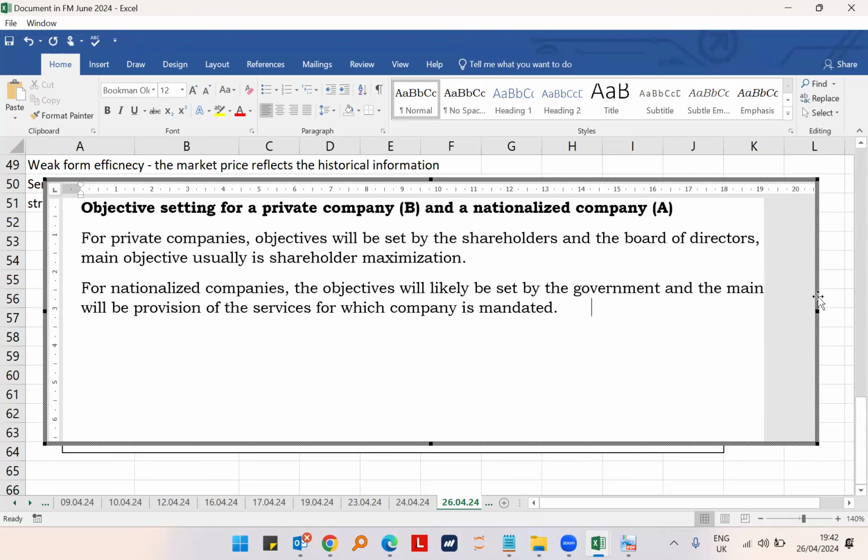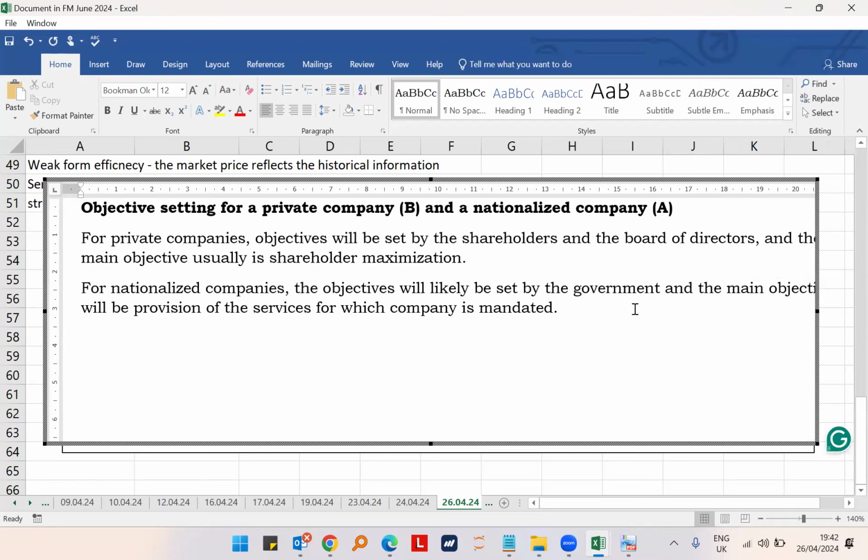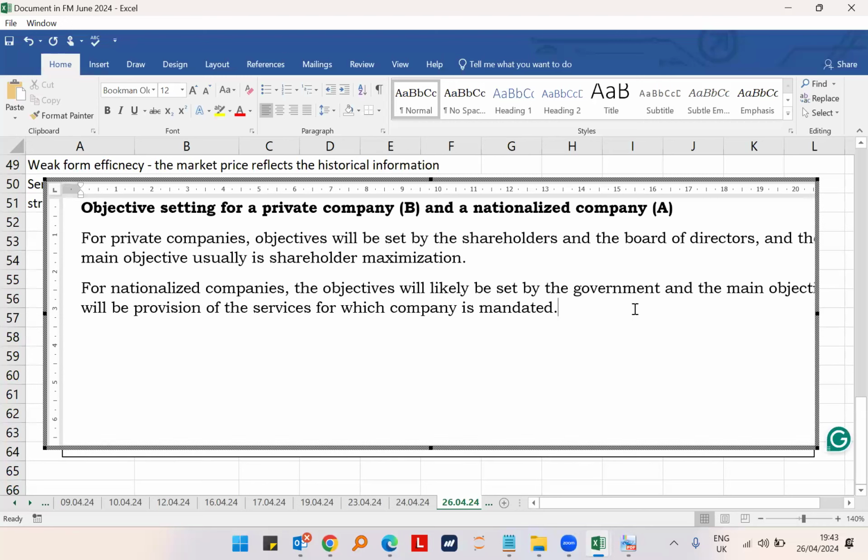But you can think of a company that is fully government owned. So now, for a company which is fully government owned, the objectives will be for provision of services.